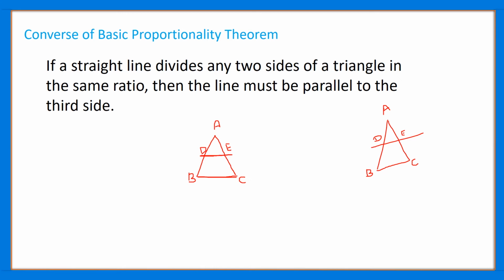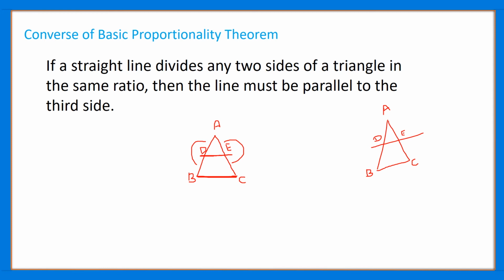In the converse part, what we are learning is that if a straight line divides any two sides, that is, this straight line DE divides the sides AB and AC in the same ratio, AD by BD equal to AE by EC, then the straight line that we have drawn is parallel to the third side, that is, it has to be parallel to the third side BC. This is what the converse part of the basic proportionality theorem tells us.